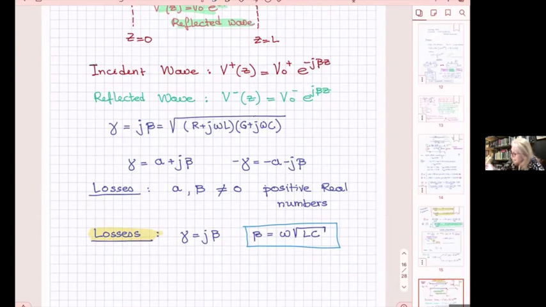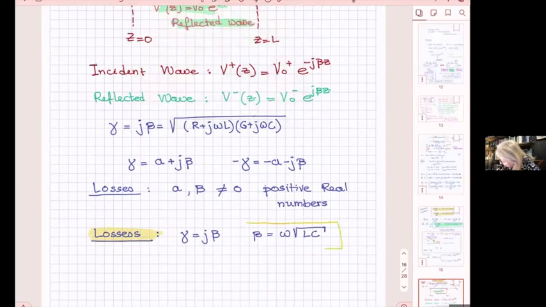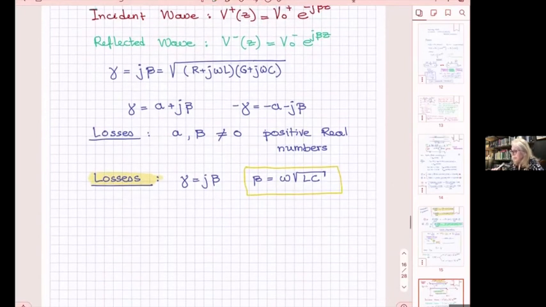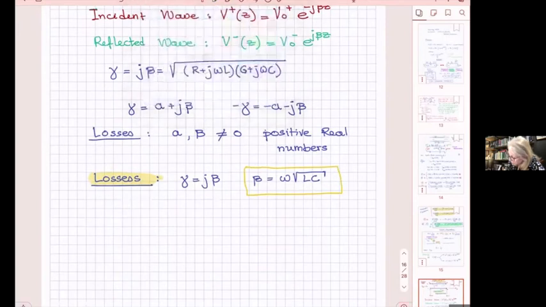Okay, one more thing that I wanted to say. Now that we have defined those, let's see how the voltages will look like. So practically you have V of Z, which will be, in general, V of Z plus V of Z minus.